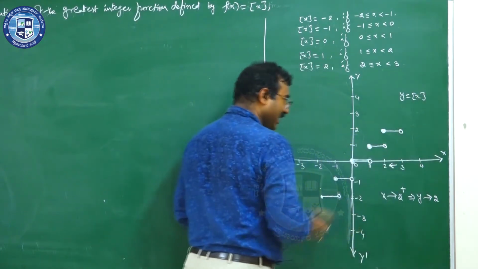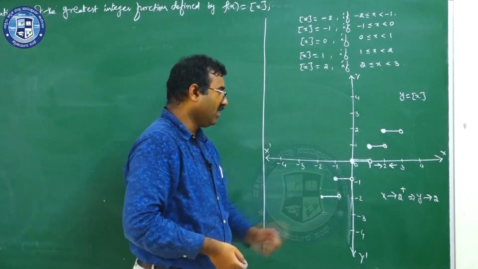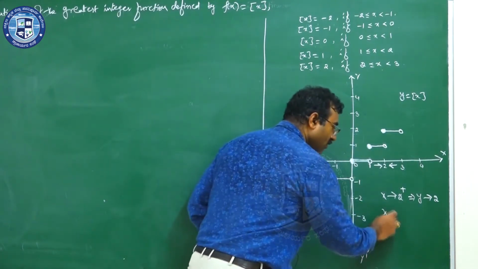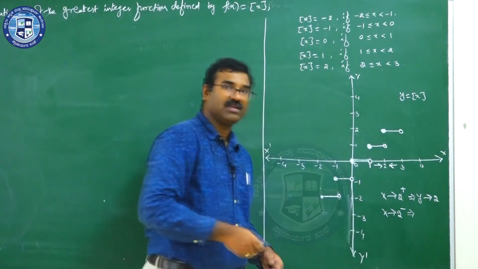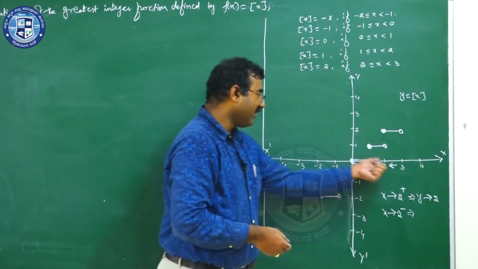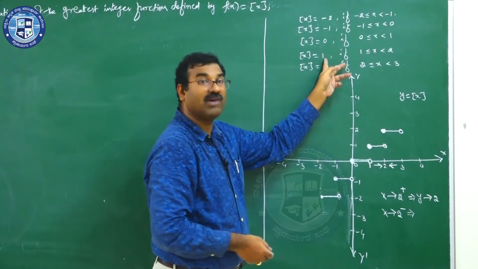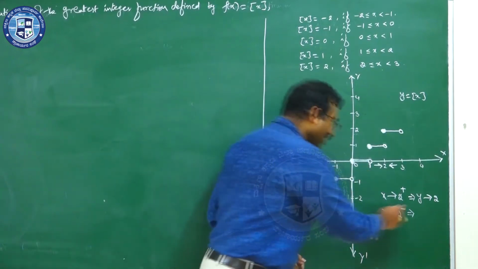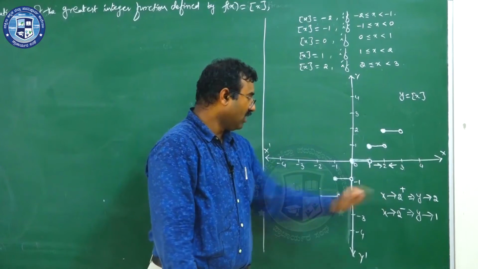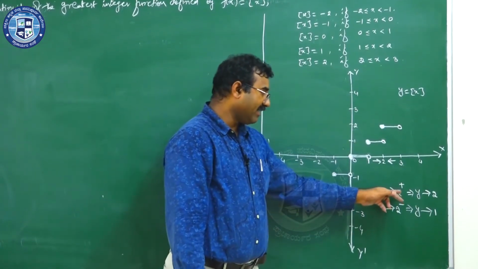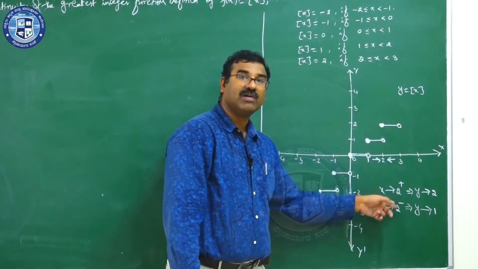Right. And when x is coming close to 2 from the left side, 2 minus, the x values are less than 2. When x values are less than 2, what do you get? 1. That means y is coming close to 1 there. So the right hand limit and the left hand limit at x equal to 2 differ.